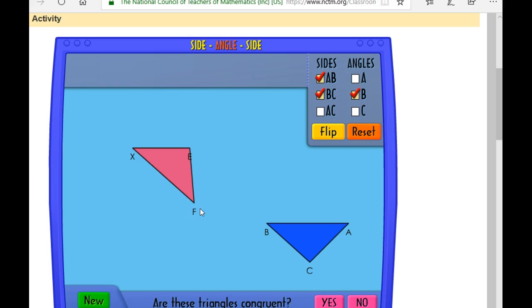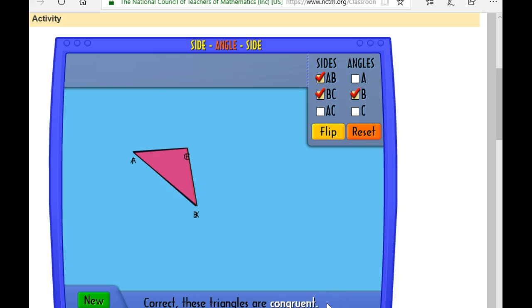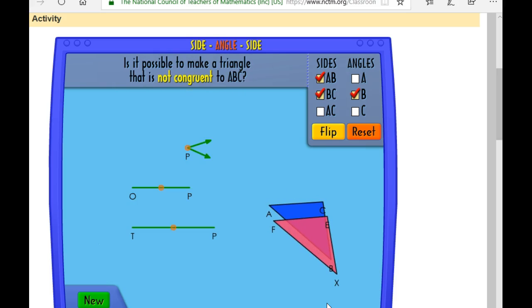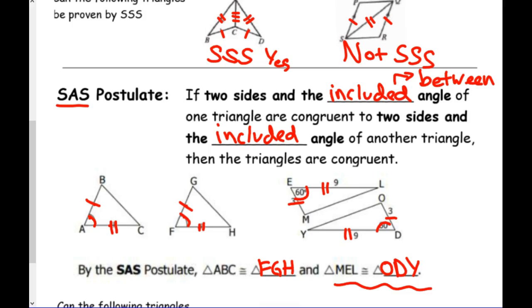Now, is that the same triangle? Well, let's find out. Yeah, I just flipped it over. So, that's a yes, sir. So, side angle side always works. So, that's why I can use it as a theorem, SAS.